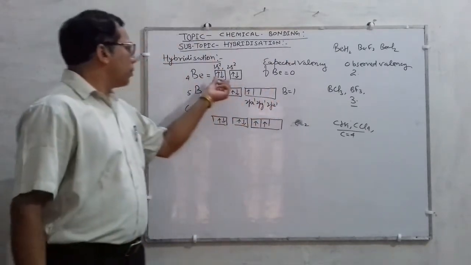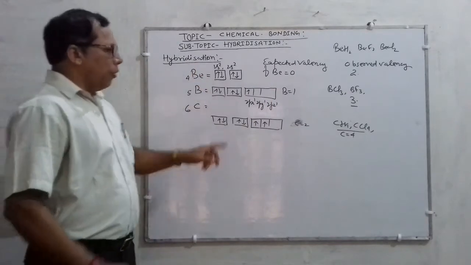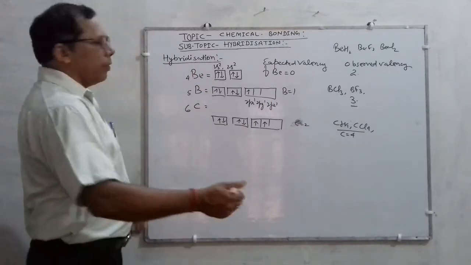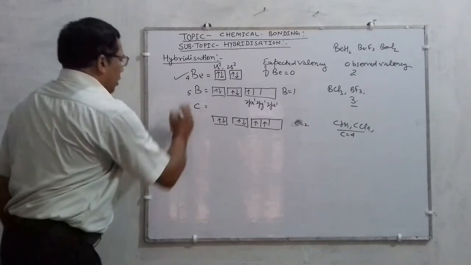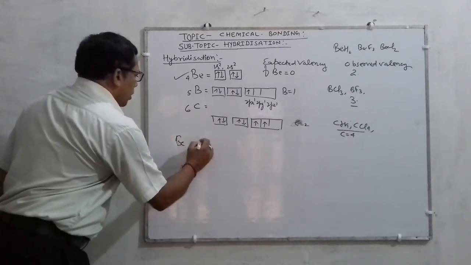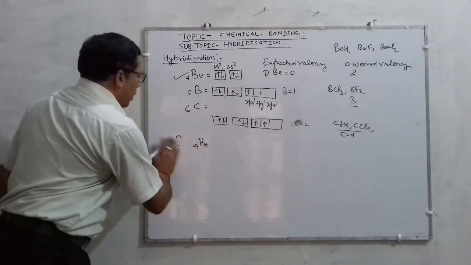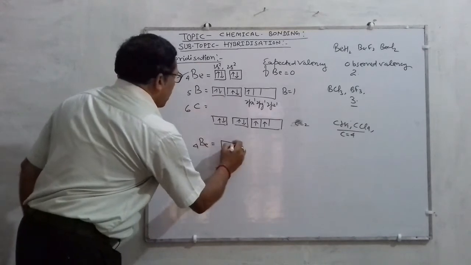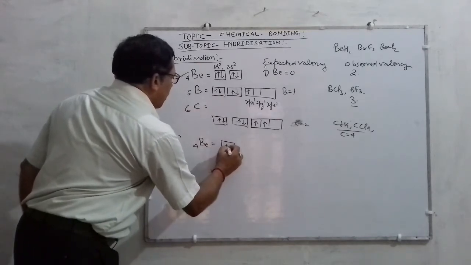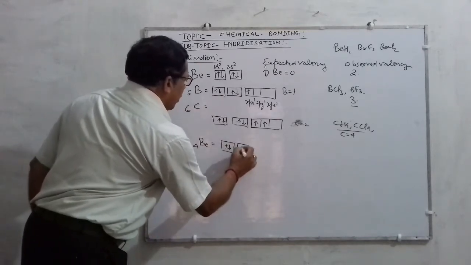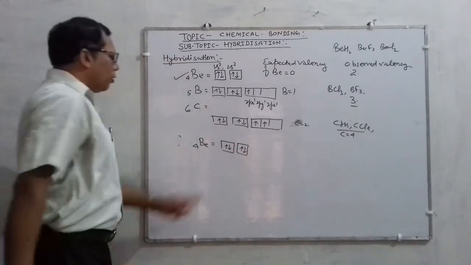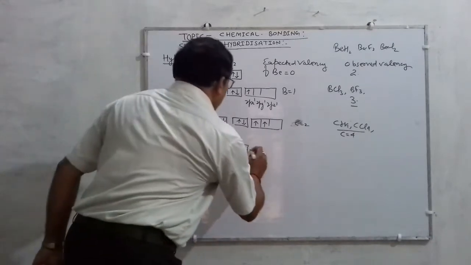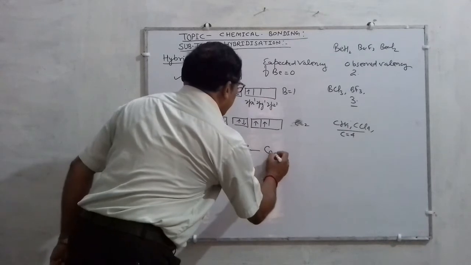To explain hybridization, we have to know two configurations. Suppose this is beryllium, 4Be, and we write its electronic configuration in this form. This form is called the ground state configuration.